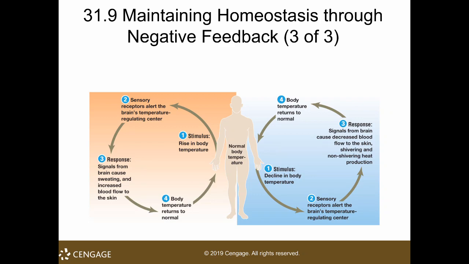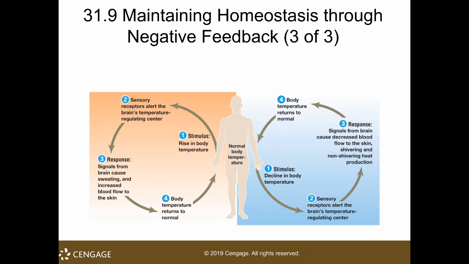You can also increase the blood flow to the skin, so the blood vessels will dilate nearer to the skin surface, so that the heat from the interior of your body will be dispelled outwards. Due to those functions, the body temperature will gradually lower. So it will return back to normal.